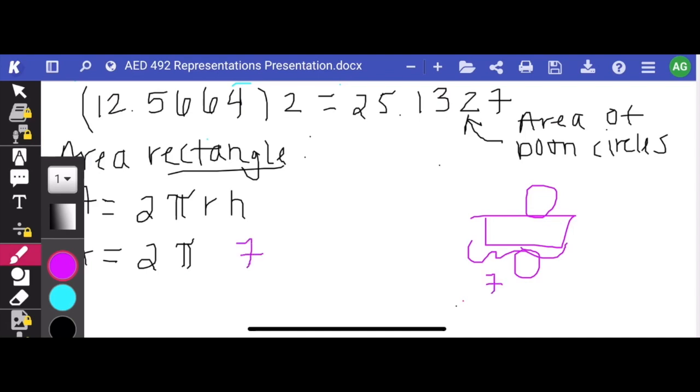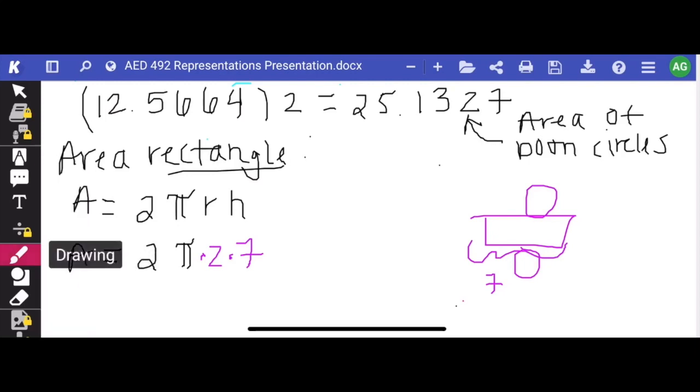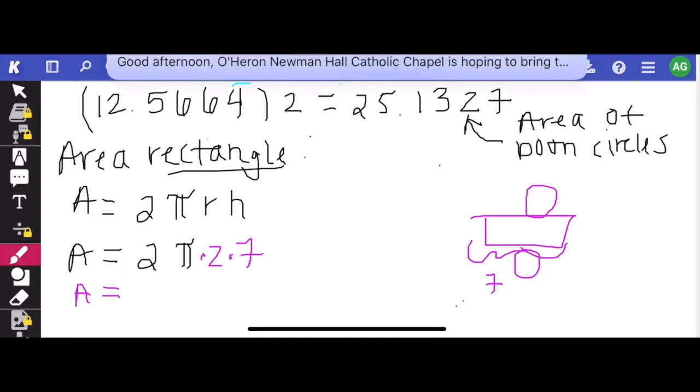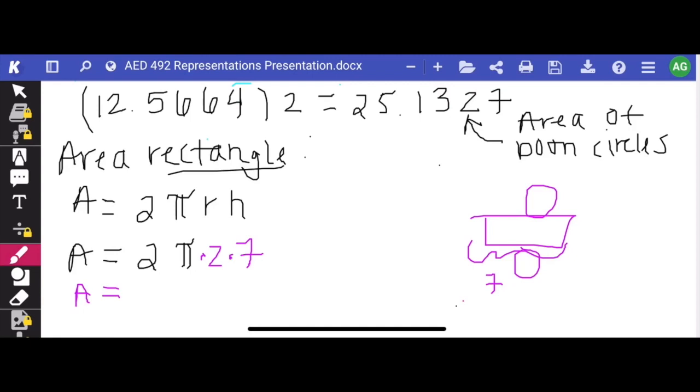So we'll get area equals 2 pi times 2 times 7, and when we put that in our calculators, we'll get 87.9646. We'll write that down.